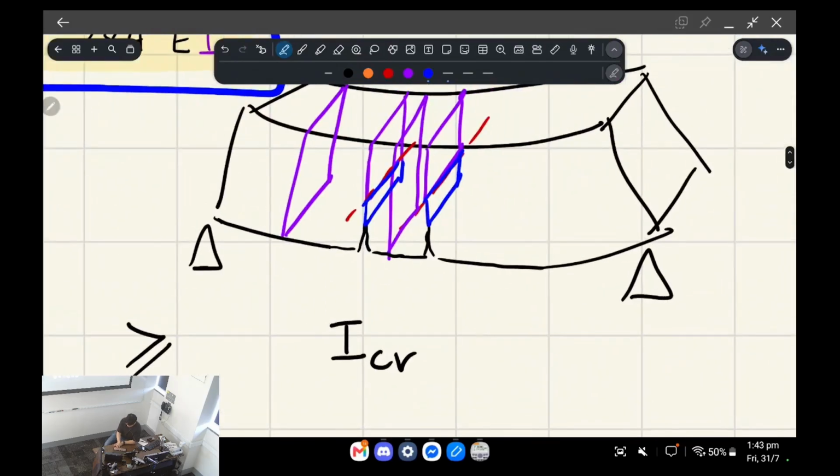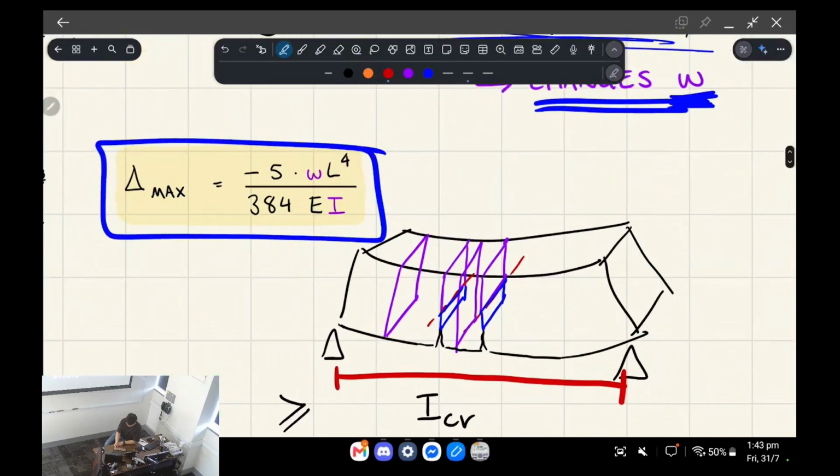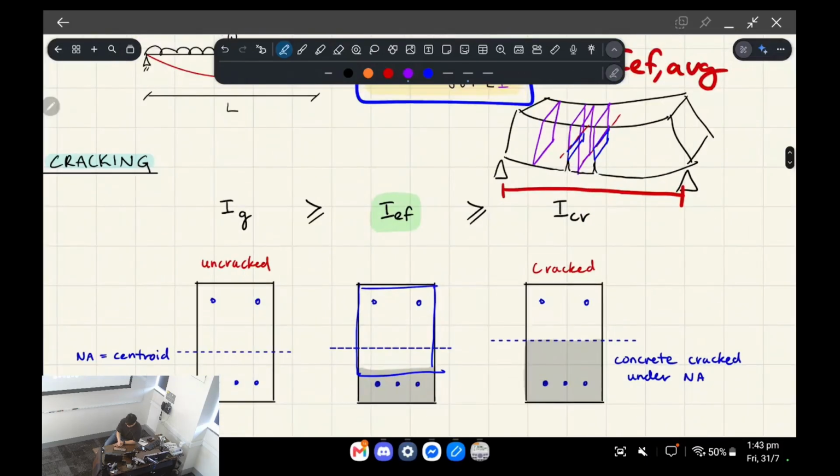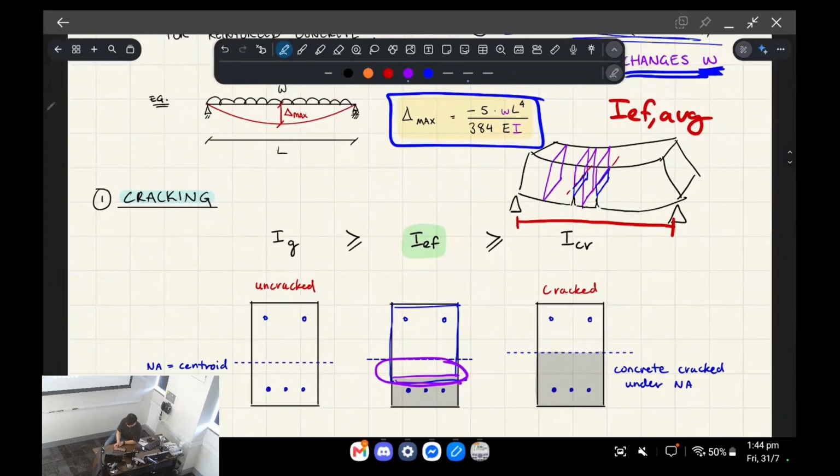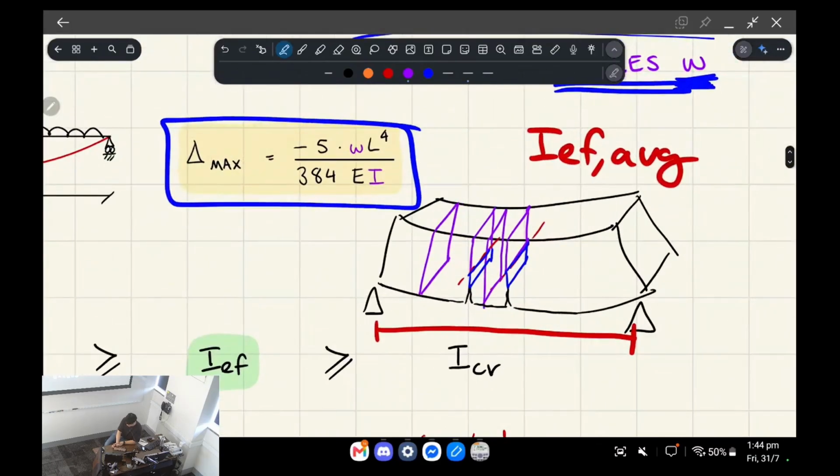That's one thing. The other thing is you'll see something called IEF average at a later stage. IEF is referring to the fact that you can have portions of concrete which are effective in tension, and IEF average is basically saying, along the whole beam, if you took a bunch of samples, what would be the effective stiffness of the cross section.